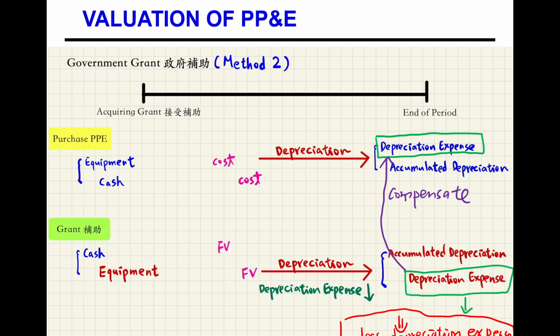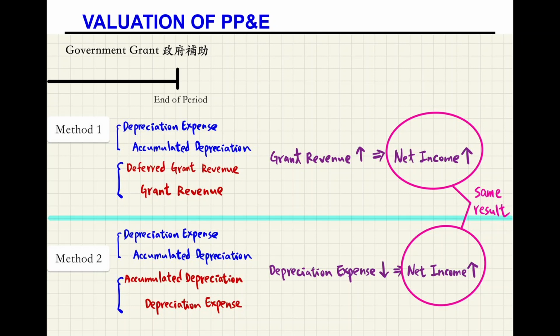Okay? So did you find out? We got the same result. Either you use method 1 or method 2, we got the same result. Make your net income increase. Okay? So here is the summary for method 1 and method 2.